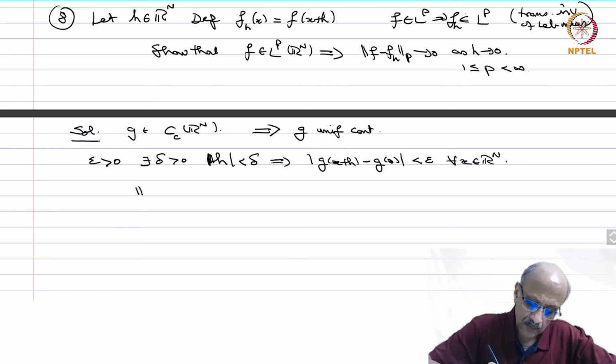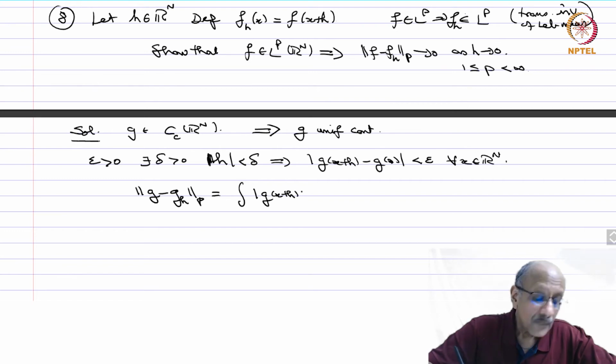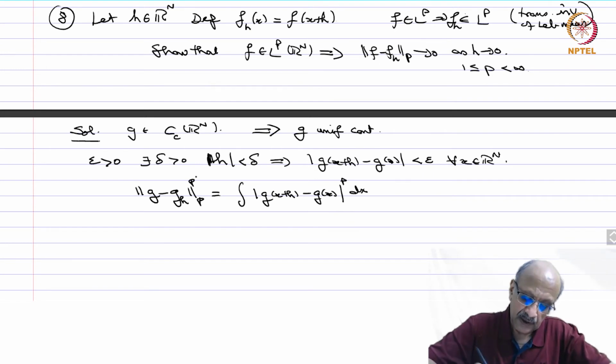So the norm of g minus g_h in L^p is equal to the integral of |g(x plus h) minus g(x)|^p dx, whole power 1 over p, of course. Now where am I going?